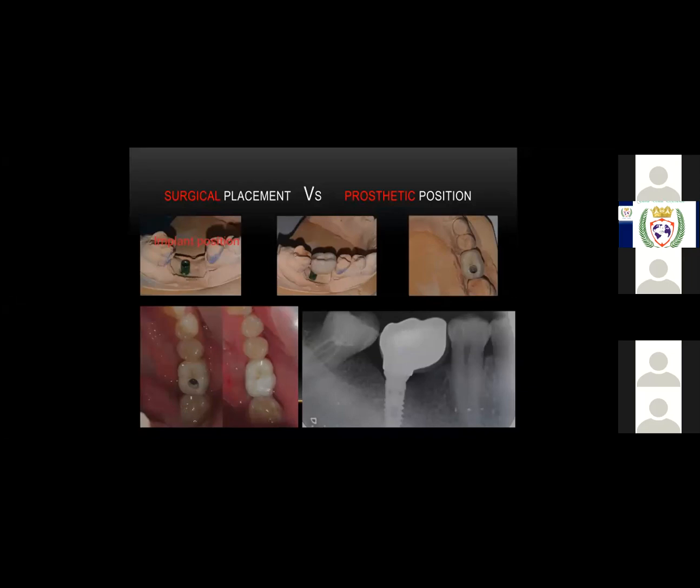Actually, I'll clarify that. It's a great idea to put 2 implants and a 3-unit fixed partial denture there. In that case, I personally chose to do 3 implants because I had to remove a second premolar and do an immediate implantation there, which is a bit of a risk.